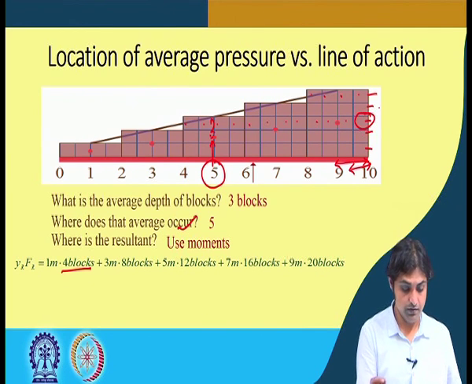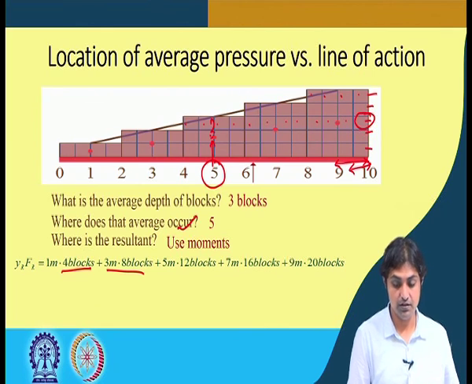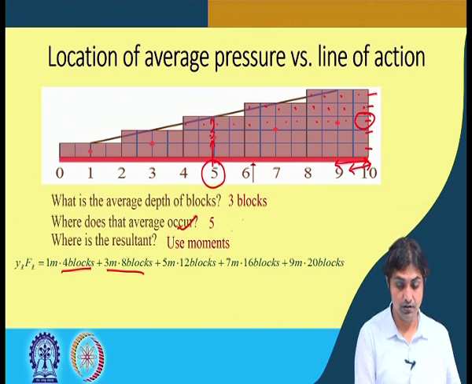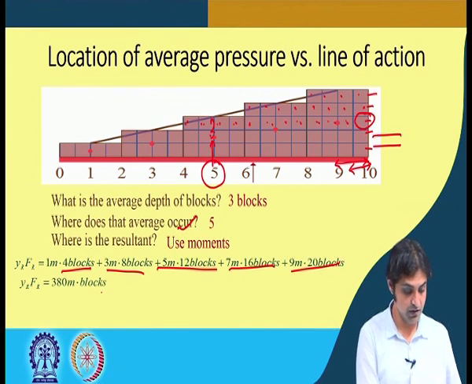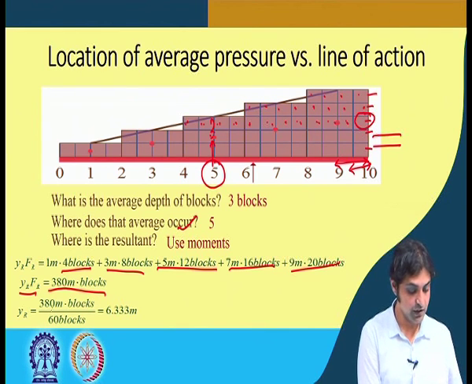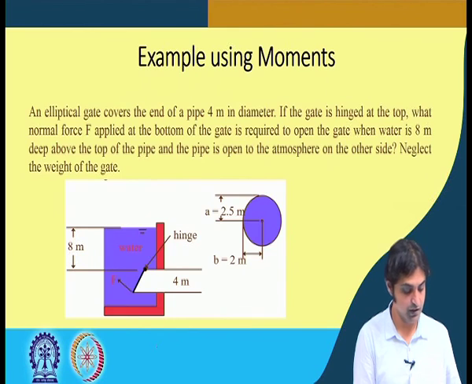Now 8 blocks into 3 meters, right? 1 2 3 4 5 6 7 8 into 3 meters. Now we have 12 blocks, 1 2 3 4 5 6 7 8 9 10 11 12, 12 blocks, that one. Similarly we have 16 blocks, we have 20 blocks, and if we do this summation, YR FR is equal to 380 meter blocks. And therefore 380 meter blocks, and the total number of blocks is 60 blocks. So we divide and we see YR will be 6.33 meters.